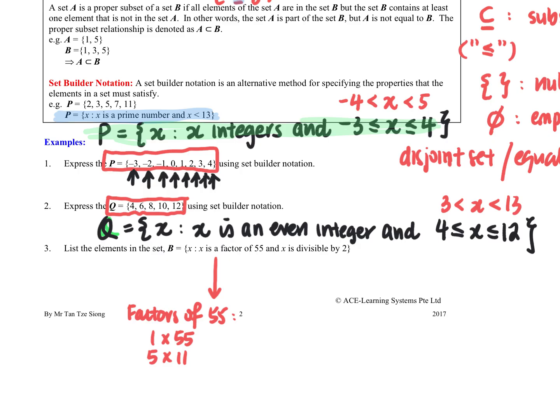No more, right? 3 cannot. So the factors of 55 is 1, 5, 11, 55. Are any of these numbers divisible by 2? No. Then it's a null set. So you can write empty or you can write null set. There's nothing inside.